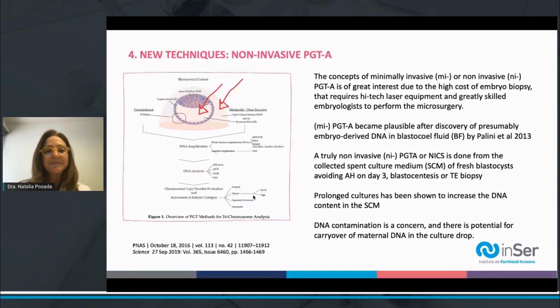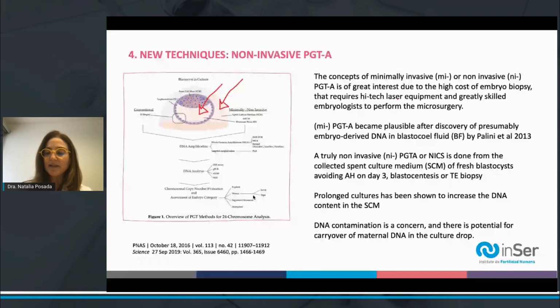It has been shown that the DNA content from the blastocyst increases with prolonged culture times. And one has to be very careful, though, not to have DNA contamination, especially from maternal sources.